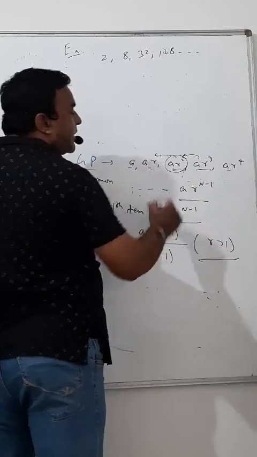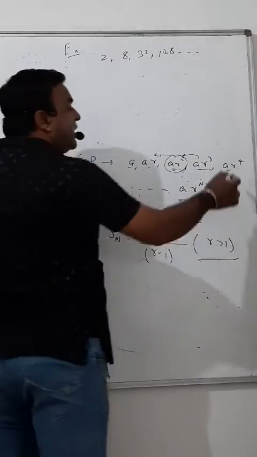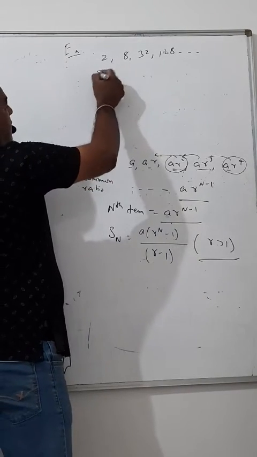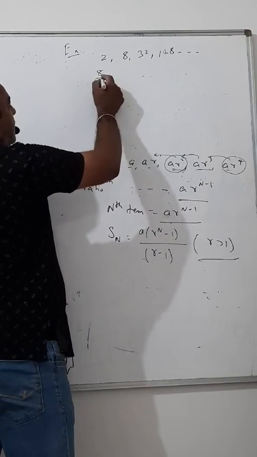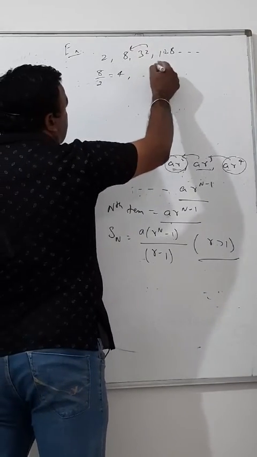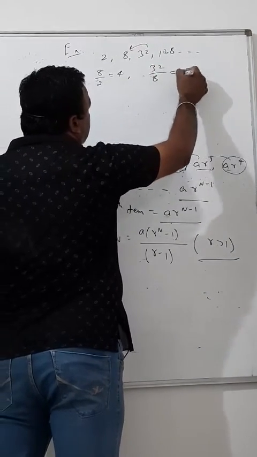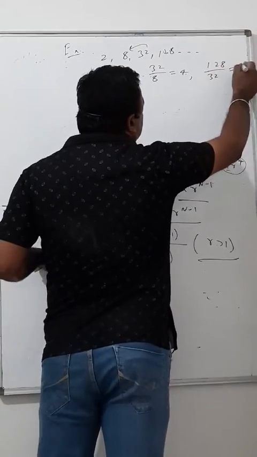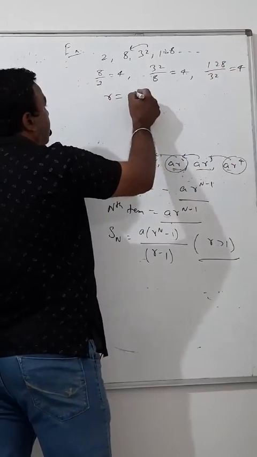AR cube divided by AR squared gives r. Any term divided by its previous one. Here 8 by 2 is 4. Divide 32 by 8, it is 4. Divide 128 by 32, it is 4. Here, the value of r is 4.